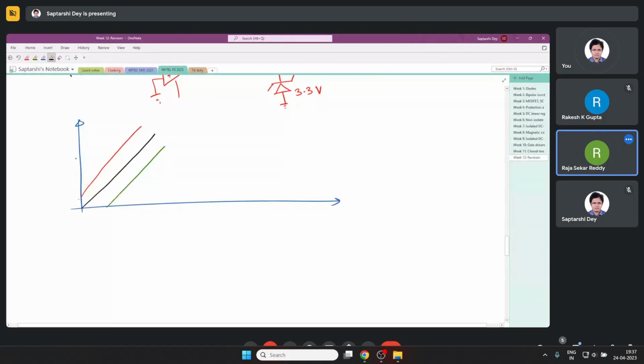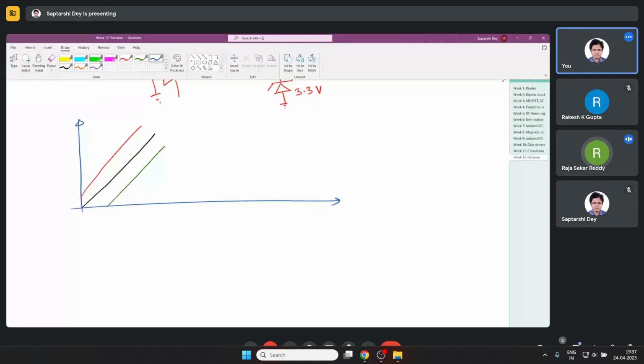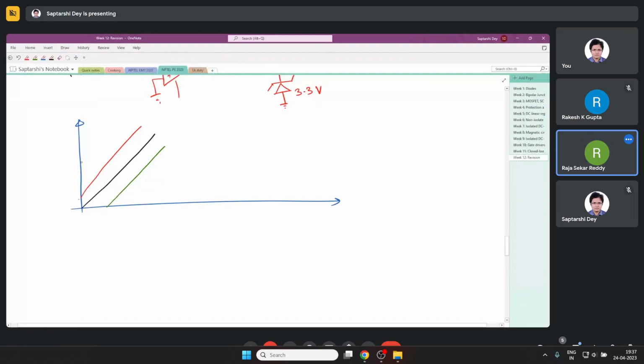And this is the controller signal. Now you can distinguish the colors, no?